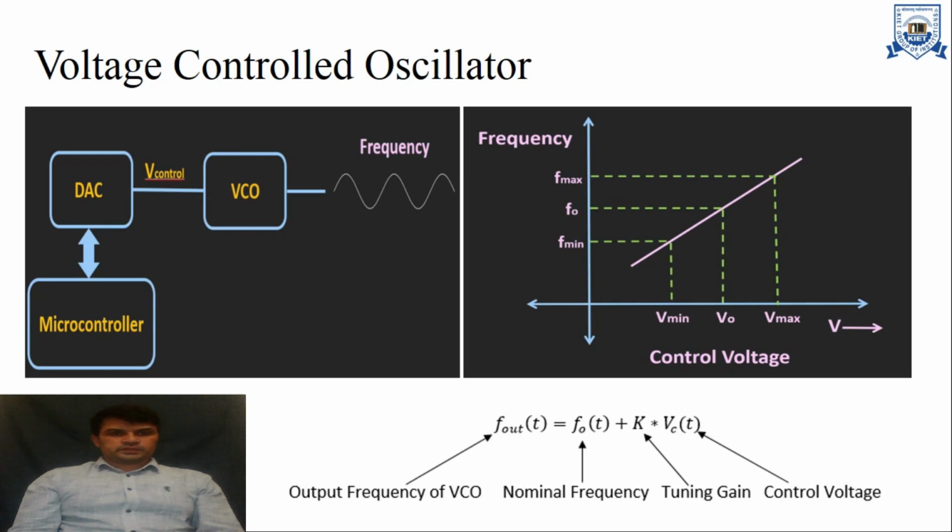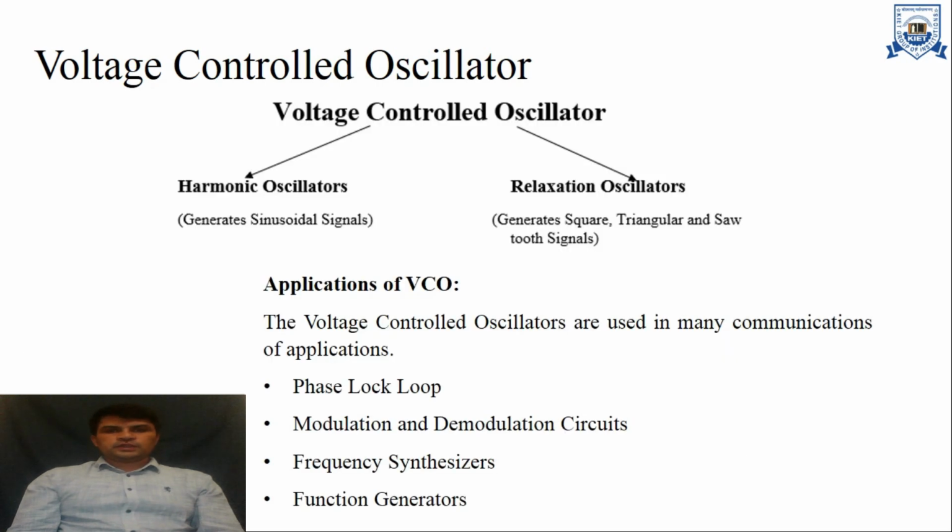Here is a direct relation: F out, the output frequency of the voltage controlled oscillator, is equal to F naught, which is the nominal frequency, plus K, the tuning gain, times Vc, the control voltage.